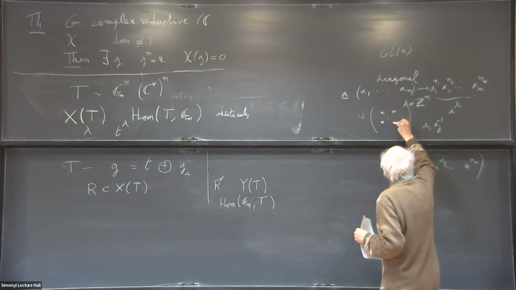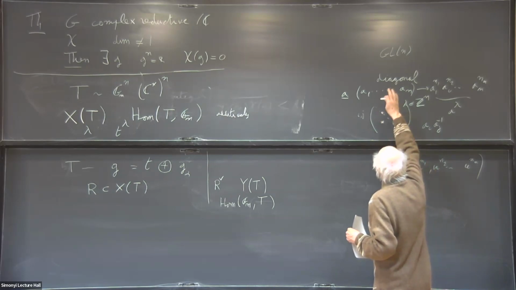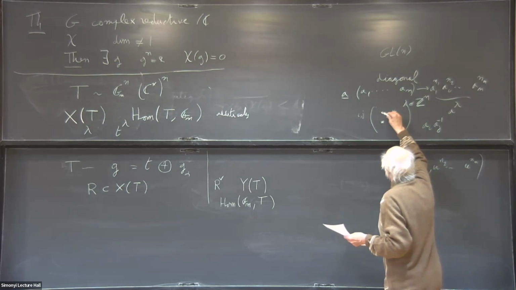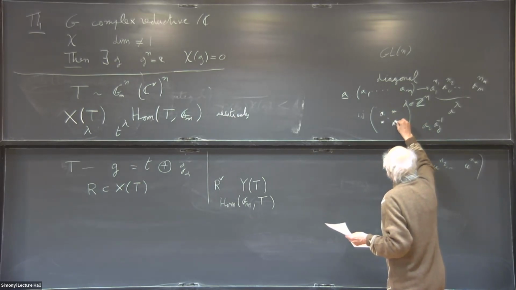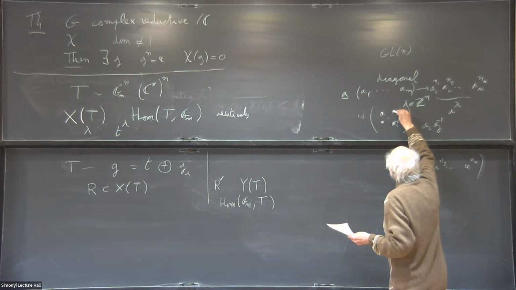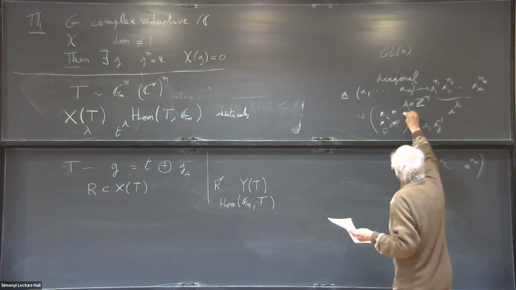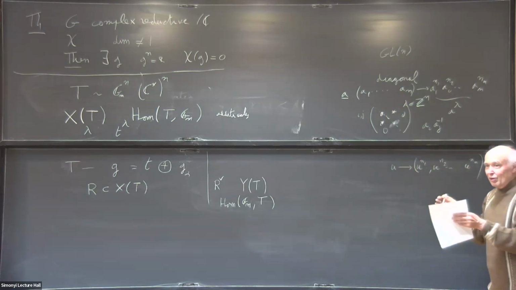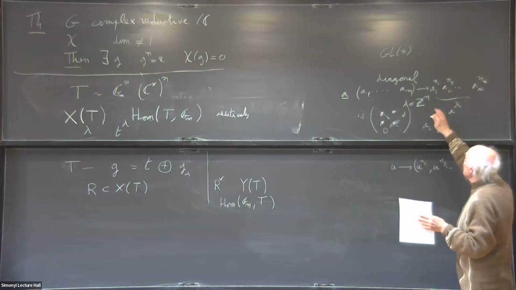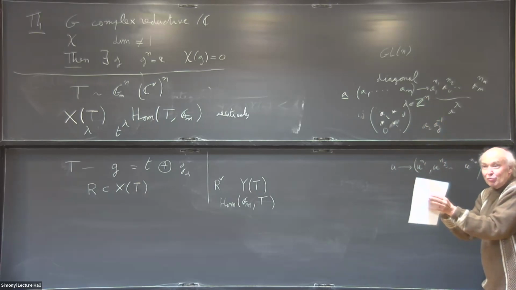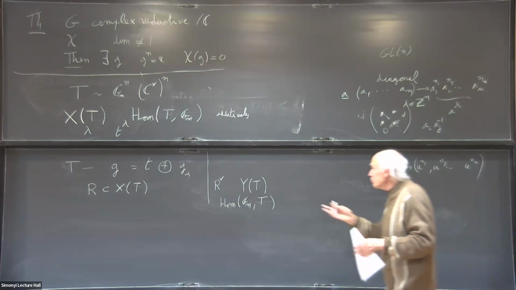And then you have an SL2 in GLN, which is all matrices A, A inverse, something, one on the diagonal and 0 elsewhere. So you have this two-dimensional subspace spanned by the vectors E_I and E_J, and you have a corresponding SL2 contained in GLN.